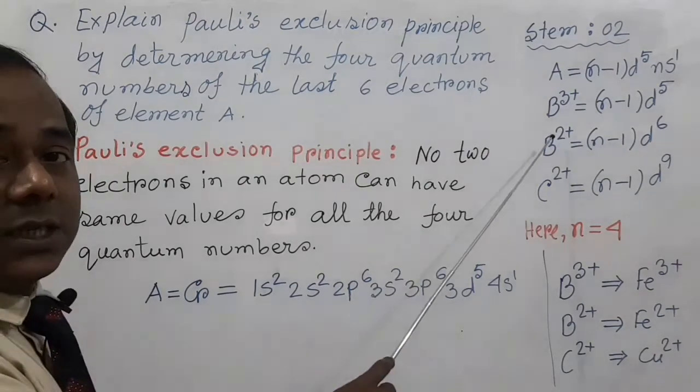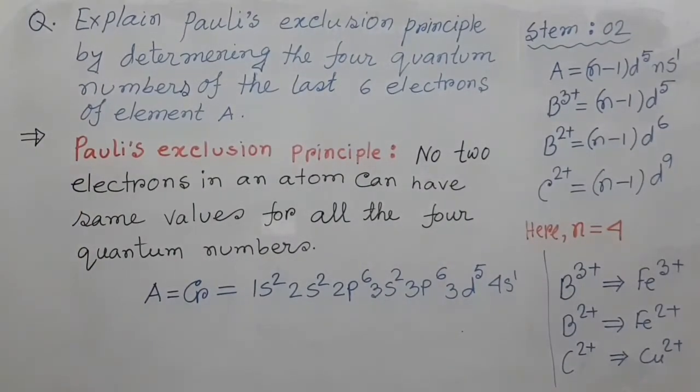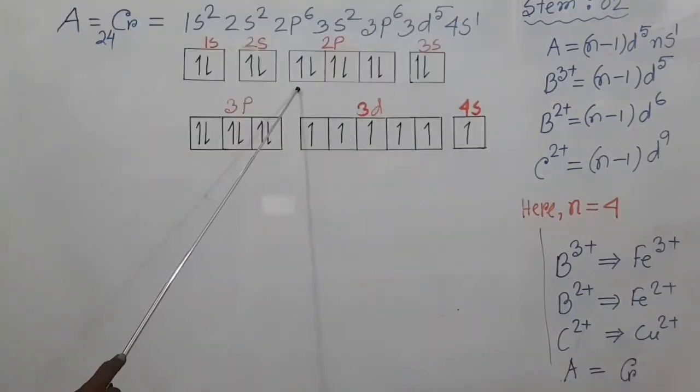According to our discussion, we can say that the element A is chromium, and the electronic configuration of chromium is 1s2, 2s2, 2p6, 3s2, 3p6, 3d5 and 4s1. And according to Hund's rule, the electronic configuration of chromium is like this. And according to our question, we have to calculate the 4 quantum numbers of the last 6 electrons present in chromium.